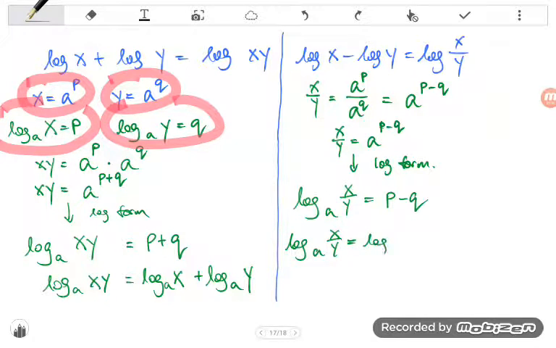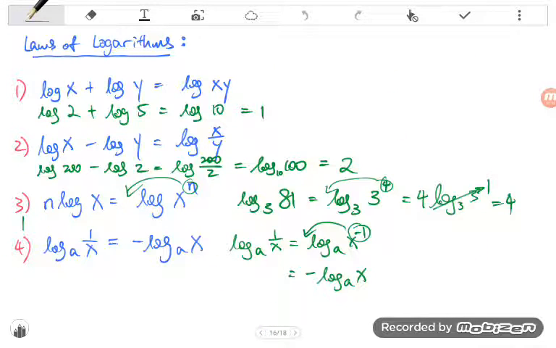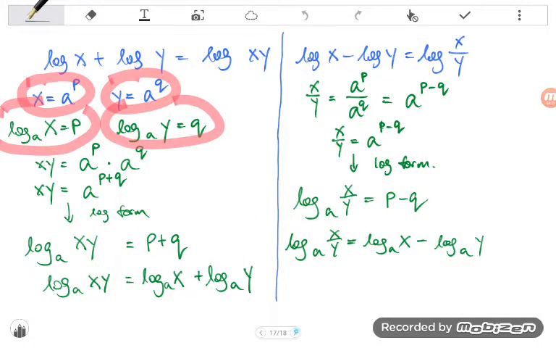So that would be log x to the base of a minus my q is over here, so log y to the base of a. All right, so that's how the second rule comes by.